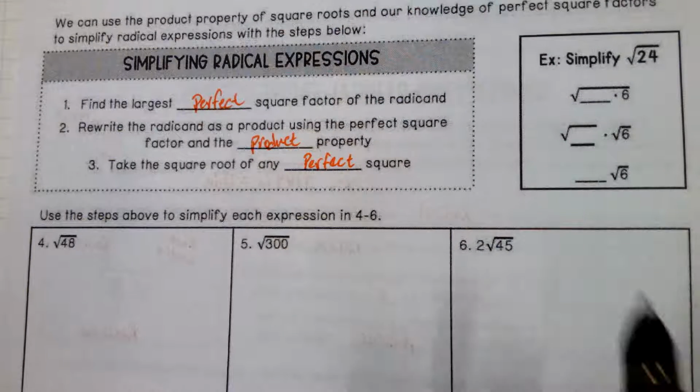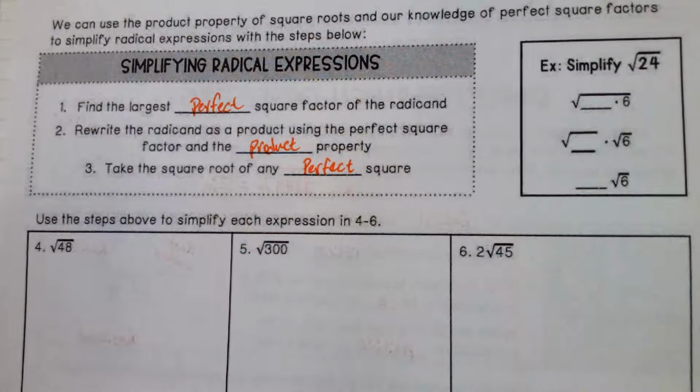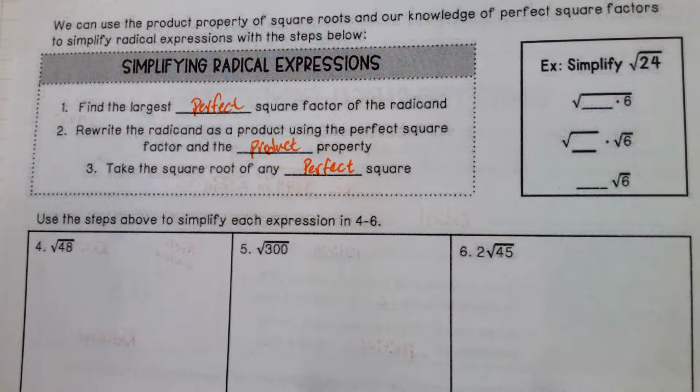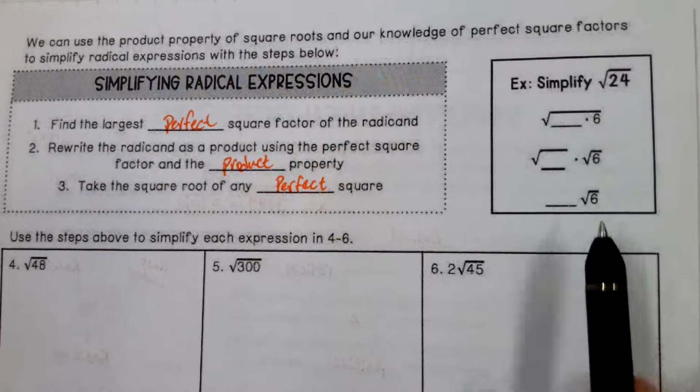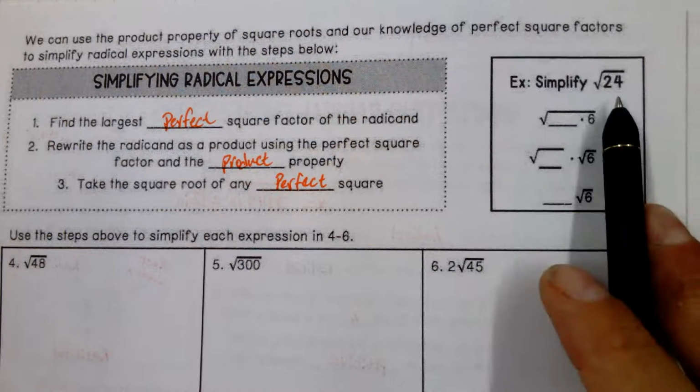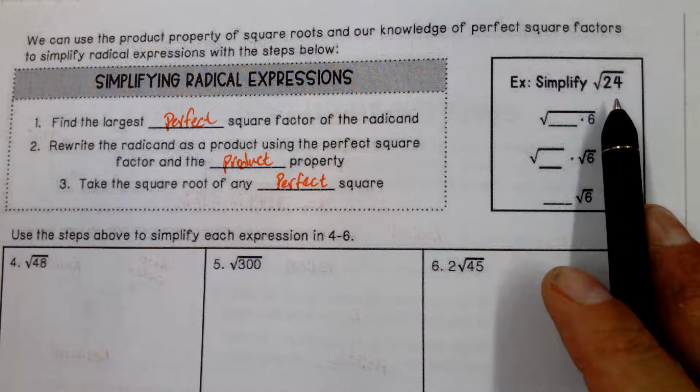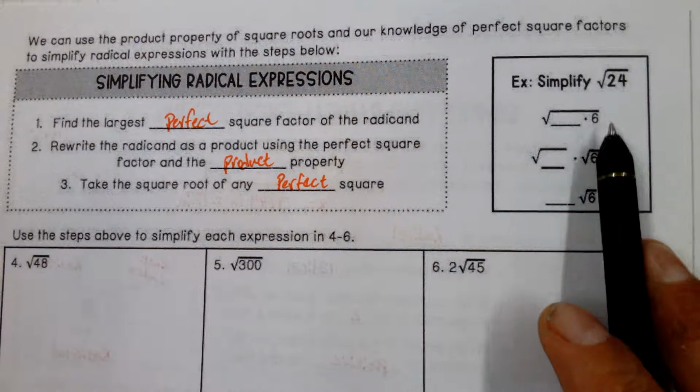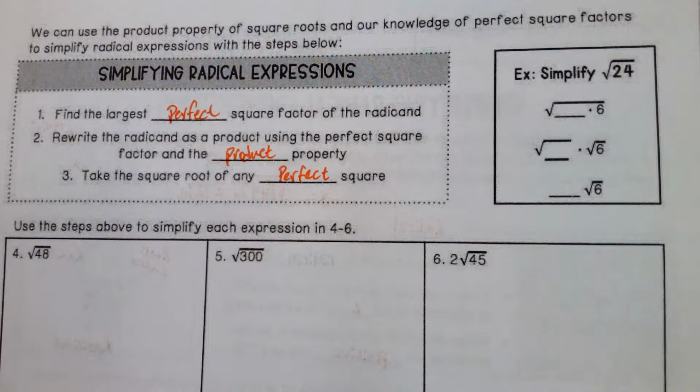So we're going to do that with 24. So 24, we can break that up into two numbers where one of them is a perfect square, right? What two numbers where one of them is a perfect square multiply to 24? 4 and 6.